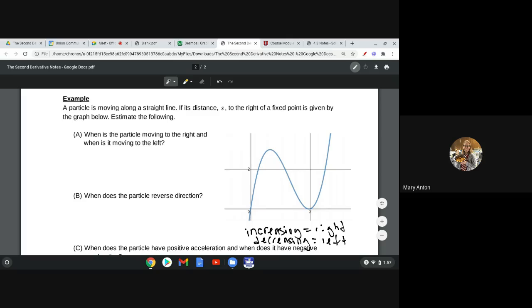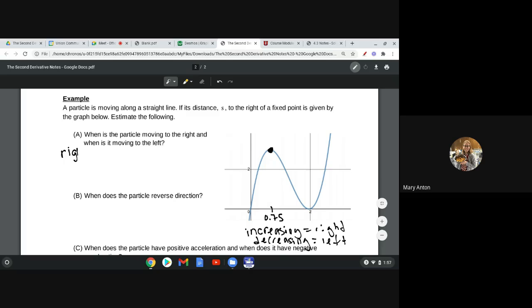So at A, when is our graph increasing? 0 to 0.75, estimate. Keep in mind that this is 0 and this is 2.